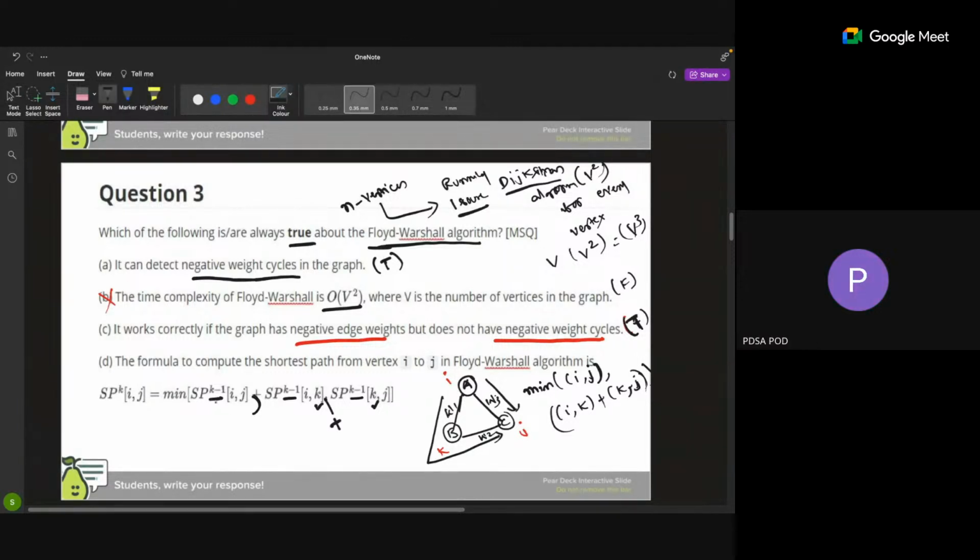So this is the direct path, and this is via k, whichever is the shortest. Via k means I to k plus k to j, so that k is working like a mediator. To reach j, we are reaching through that k, whether that path is shortest or the direct path is shortest. So we compute a min operation, with the comma operator here and the plus operator here.